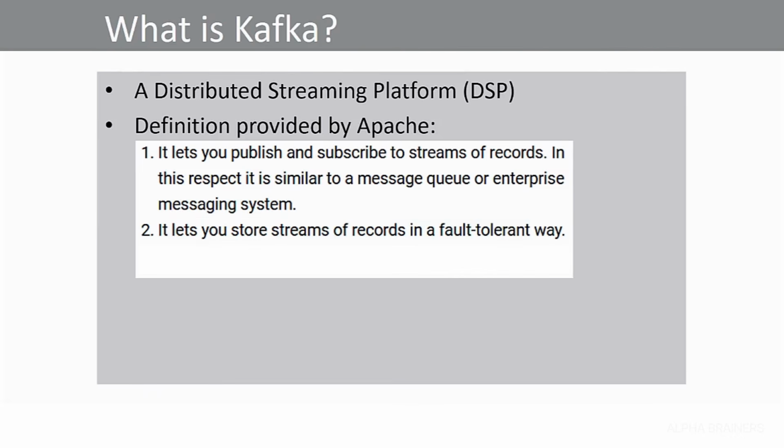Number two, it also allows you to store streams of data in a fault-tolerant way. This is a key component of Kafka that we're going to highlight throughout class. Again, I mentioned in the previous lesson that by default, when a message gets received by the Kafka software, which we refer to as the broker, it stores it on the hard drive of the system for a period of time, traditionally 7 days, but you can make that a longer or shorter period of time.